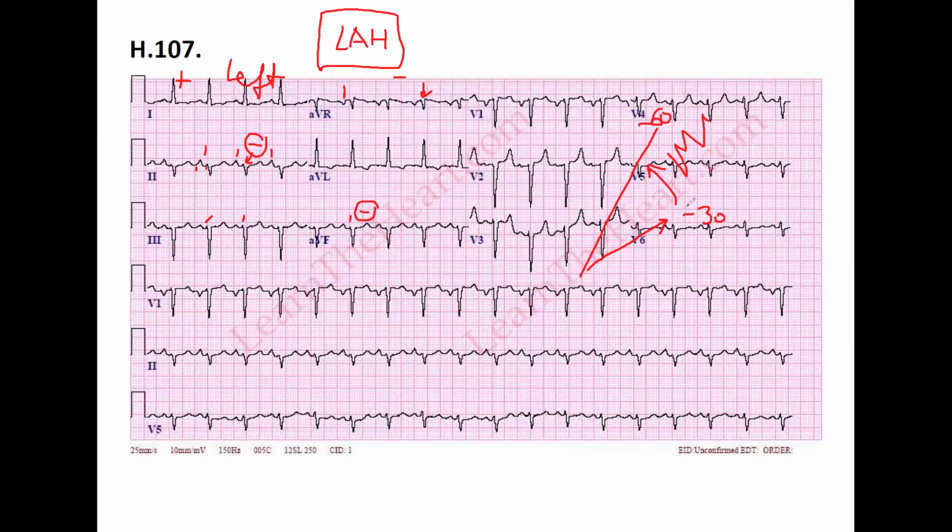If you do see a very tall R wave on the left side, that's the left ventricular hypertrophy. If the QRS is wide and you do see the sign of left bundle branch block, again, you can explain it. If not, only the deviation and QRS is narrow, you have to say that this is a left anterior hemiblock. Okay?